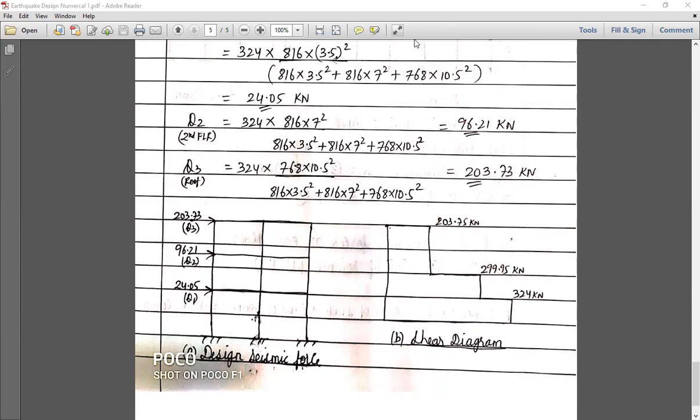Is this clear, everyone? Yes. Understood, everyone? The numerical. If anyone has any doubt, they can ask me.